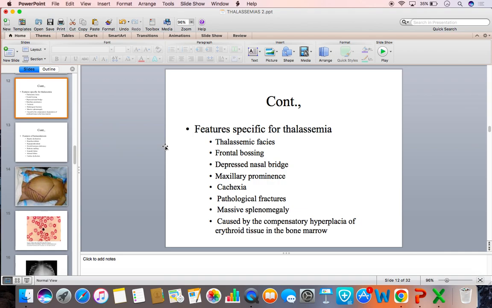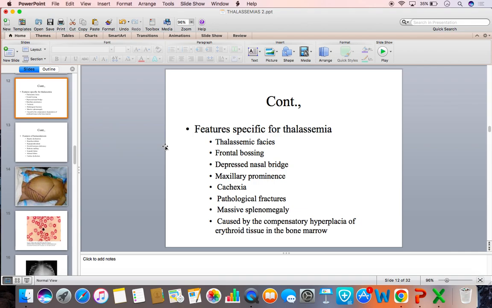That results in the bony abnormalities. Look at the face. There is thalassemic facies with frontal bossing. You have seen the picture. Depressed nasal bridge, maxillary prominence, and the child looks wasted. Cachexia because of the hypermetabolic state.